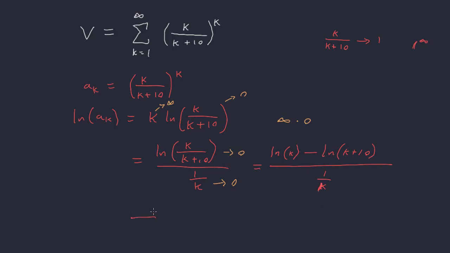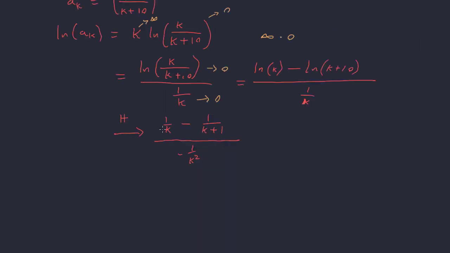All right, so when we do our L'Hopital's rule, we're going to get 1 over k minus 1 over k plus 10, all over the derivative of 1 over k, which is negative 1 over k squared. Now I'm going to simplify this top. We can get this to be k plus 10 minus k, all over k times k plus 10, and that'll be all over negative 1 over k squared.